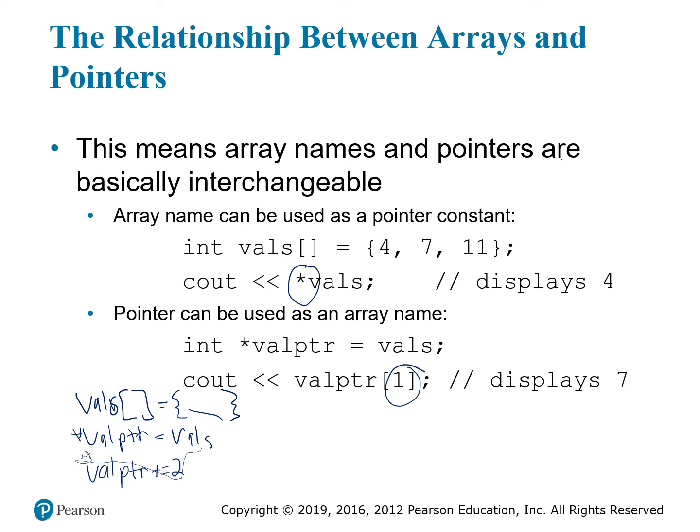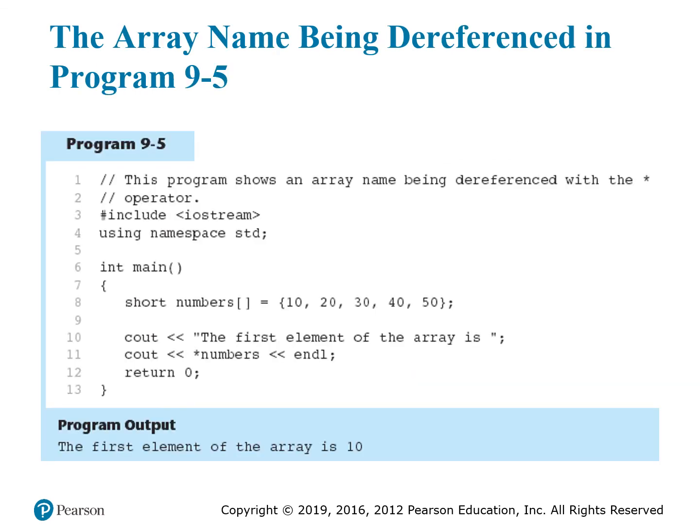And now val pointer is pointing to value 11. Okay, so you can have two variables, one that's pointing to the start of the array and one that's pointing to the end of the array, or halfway through the array, or whatever. So you can actually store the addresses of multiple parts of your array in different variables as long as you keep track of what you've done.